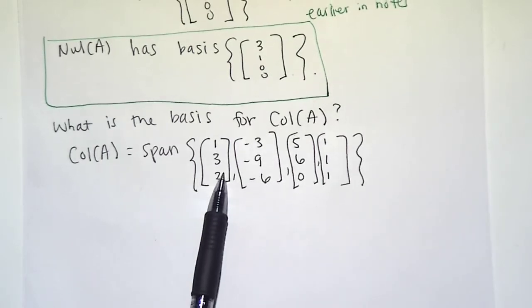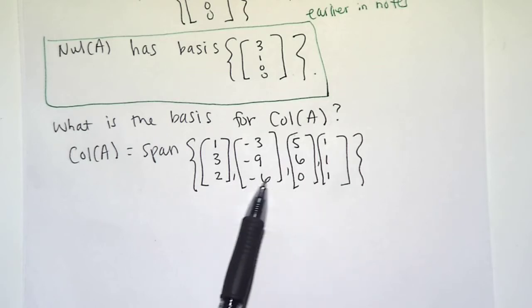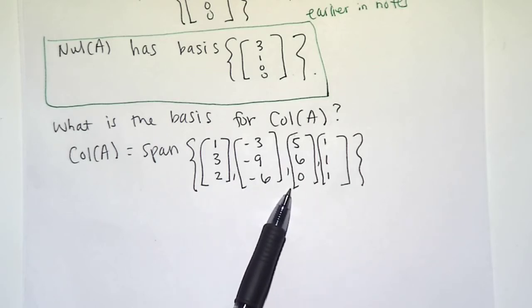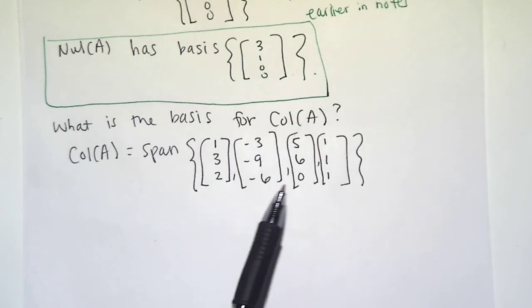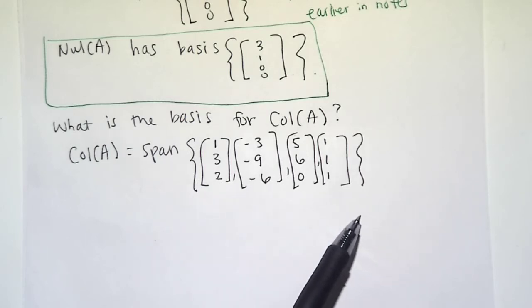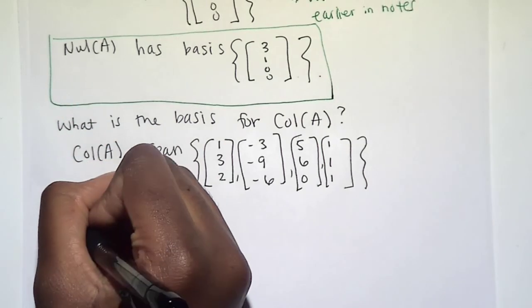We would like to assume that maybe all 4 of these vectors are part of the basis, but we have to make sure that the vectors that we include are linearly independent. So I'm going to do a small little proof first before we decide which elements are going to be our basis elements.